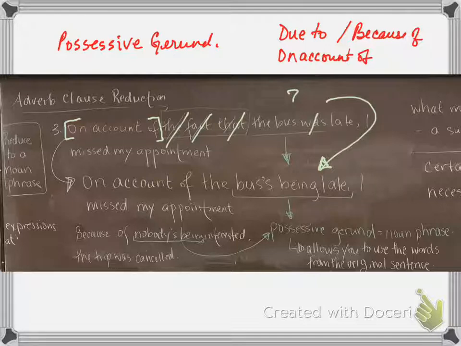Okay, so this bus, where it was the subject before, down here it becomes a possessive. And we know it's a possessive because one of the things that we can see in this possessive is this apostrophe S. Okay.